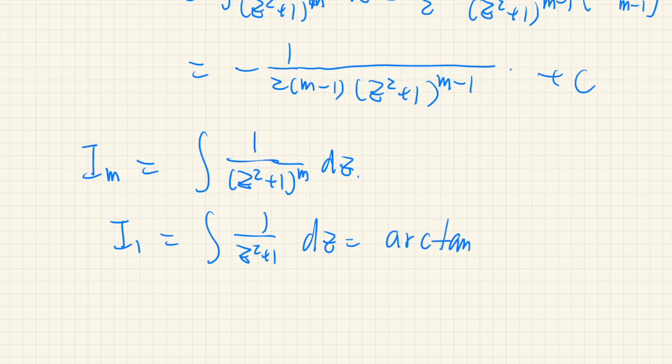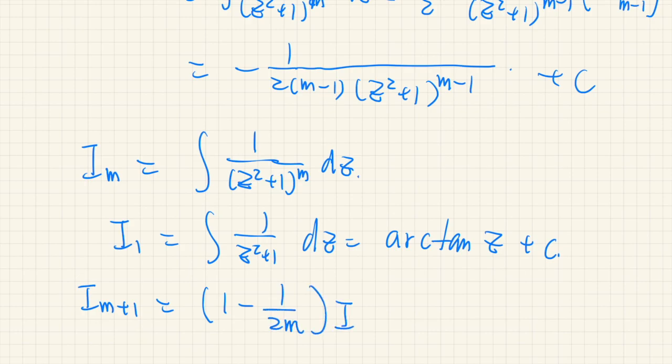And for the general integral I_(m+1), we have this recursive formula: I_(m+1) equals (2m minus 1) over 2m times I_m, plus 1 over 2m times z over (z squared plus 1) to the power of m.